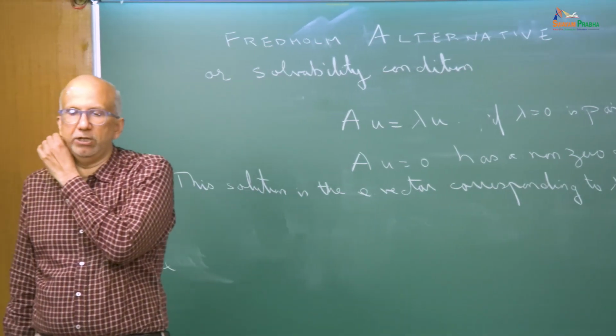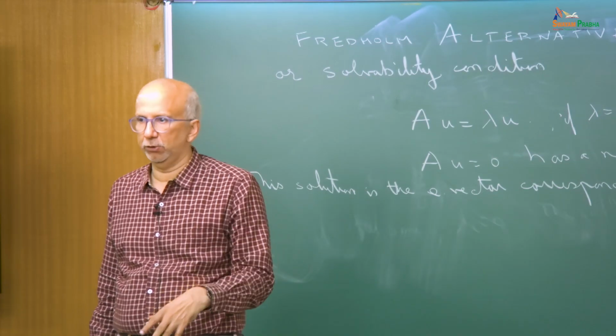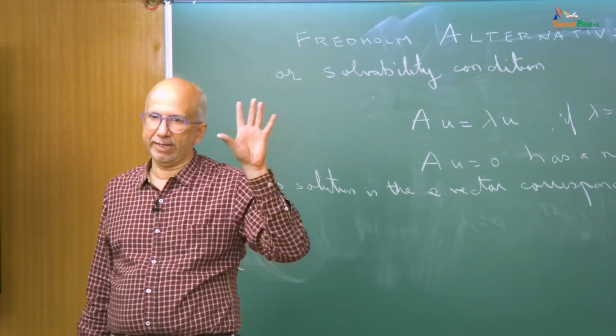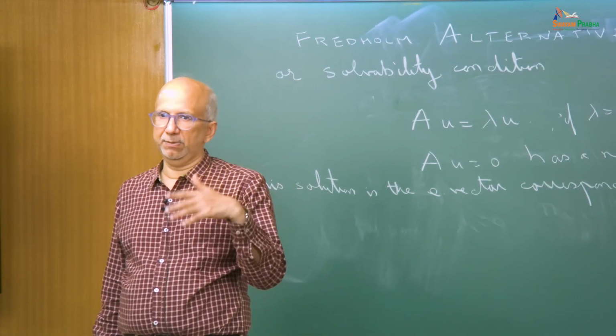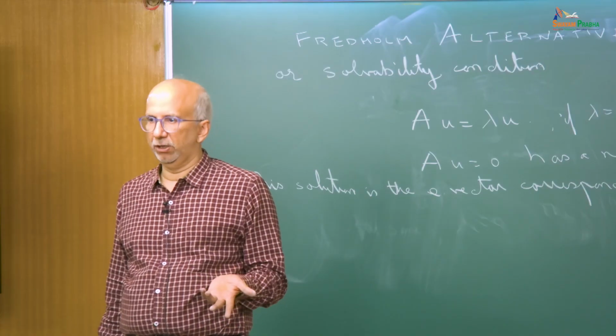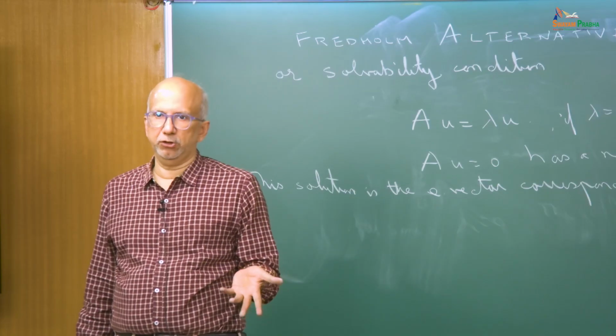If I say Au equal to 0, of course, it always has 0 as a solution. A times 0 is 0, but is there a non-zero u where Au gives you 0? That means lambda equal to 0 is an eigenvalue, okay, and the non-zero solution is your eigenvector.